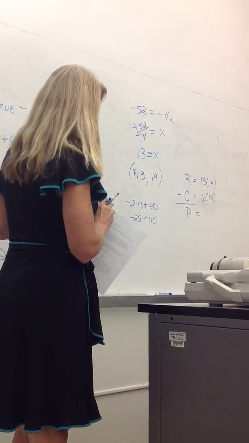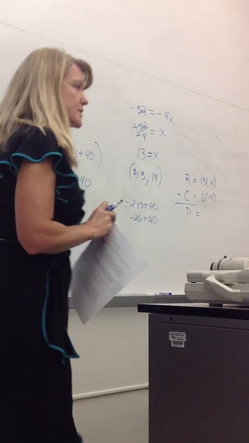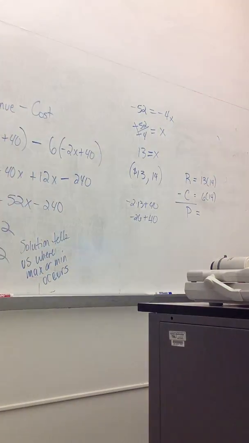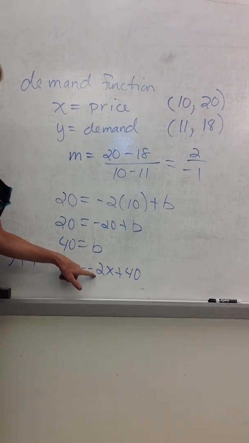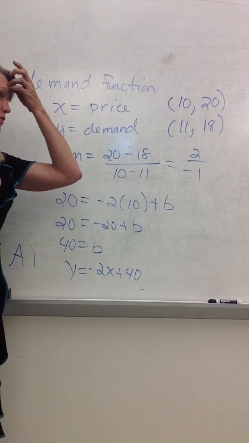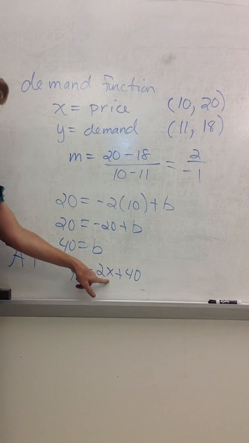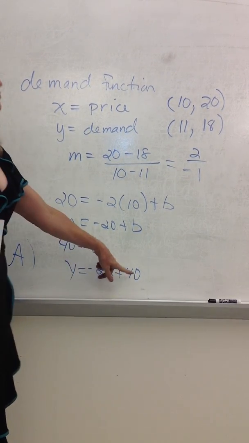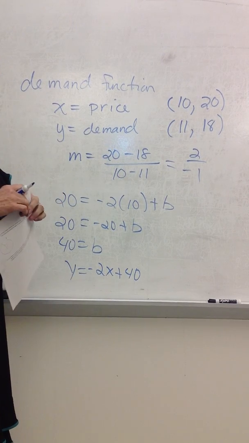So, I don't know, somebody multiply 13 and 14. My demand function tells me how many he's going to sell according to price. So we got a price of $13. So I took -2 times 13, which gave me -26, and then -26 plus 40 is where I got the 14.